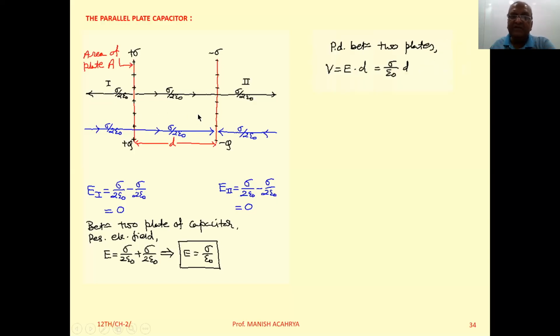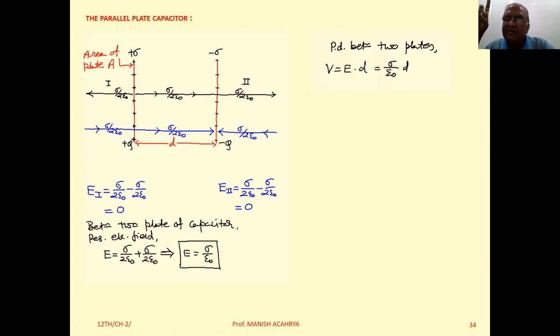Now the potential difference between these two plates of the capacitor, V, is E into d. Previously we discussed the relationship between electric field and electric potential. In that we discussed the equation E equal to V by d.